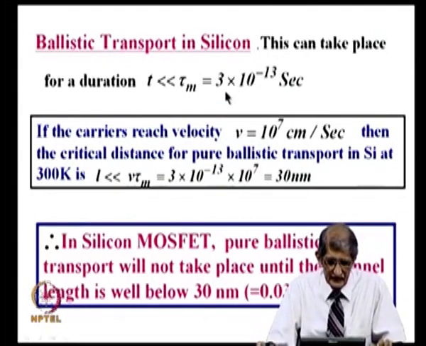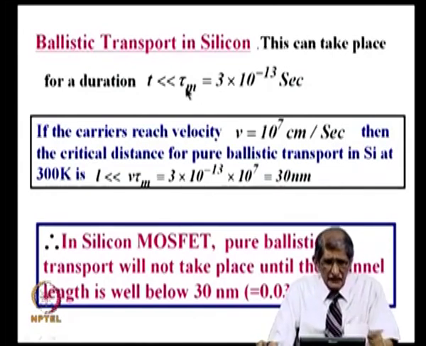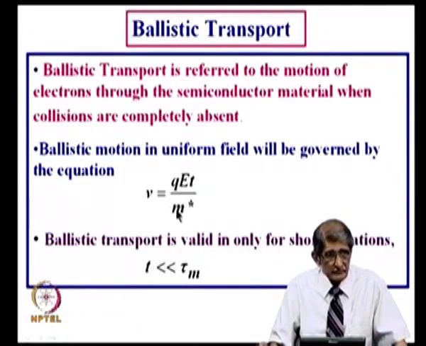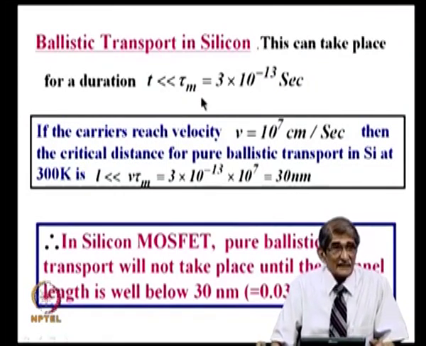Within that time the collision takes place. So, you will have ballistic transport in a time less than that collision time, there is no collision. You can use this equation to compute, that is what we actually do. Okay. So, what is that length? Let us see.